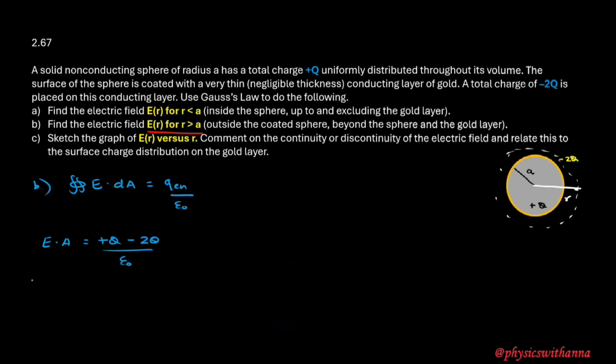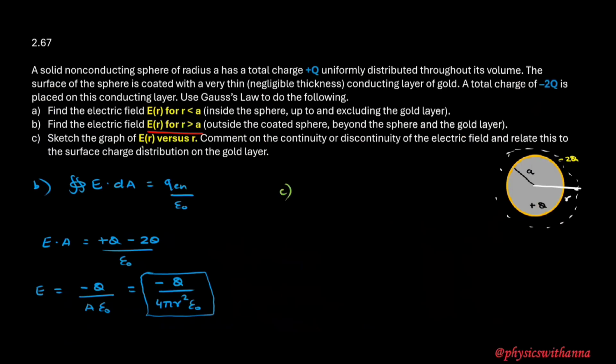To find electric field, I will just divide by the area. So E becomes equal to Q minus 2Q, which is minus Q, over A times epsilon naught. That gives me electric field as minus Q over surface area of the sphere, 4 pi r squared epsilon naught. So this is electric field outside the sphere when you include the gold layer.